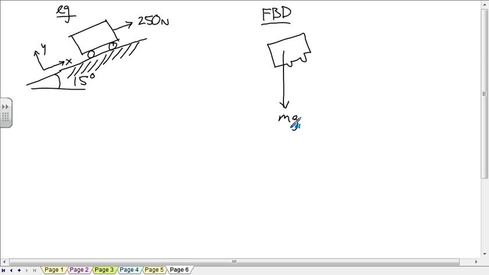So that's mg. I didn't give the mass. There's a normal force, and remember, the normal force is a pushing contact along a flat surface. And so the direction has to be perpendicular to the incline, toward the chosen body, away from the contacting body. And that 250 Newton force is this way.